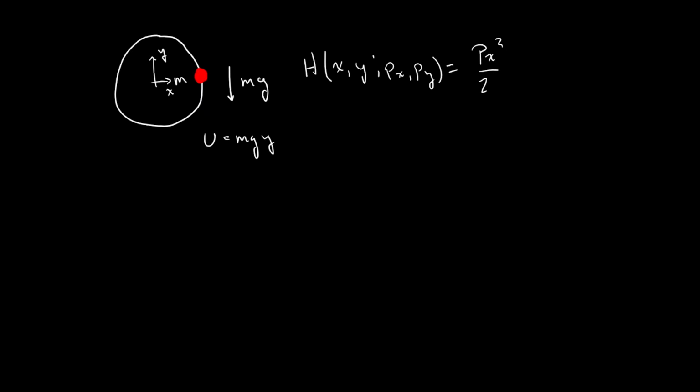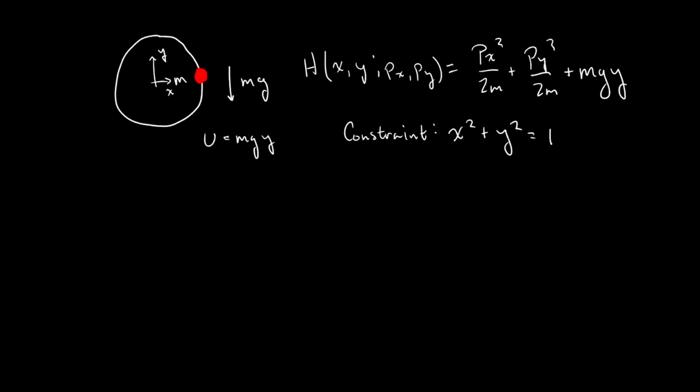That's just px squared plus py squared over 2m plus mgy. But I can't forget that I also have a constraint equation. My constraint is just that the coordinates always have to be related in this way: no matter how my bead moves, it's never going to move off of this loop, where r is the radius of the loop. I probably should have written that.